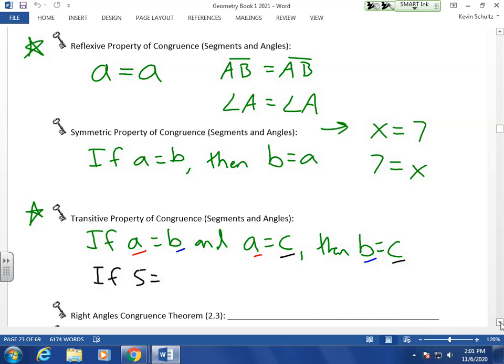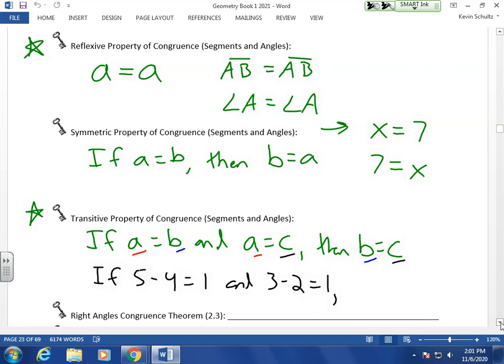If 5 minus 4 equals 1, and 3 minus 2 equals 1, then what can we say about 5 minus 4 and 3 minus 2? They're the same, right?